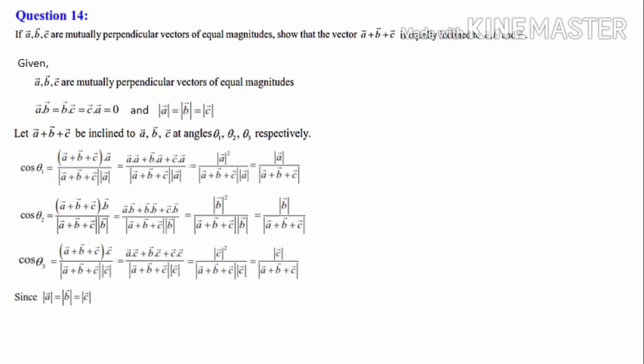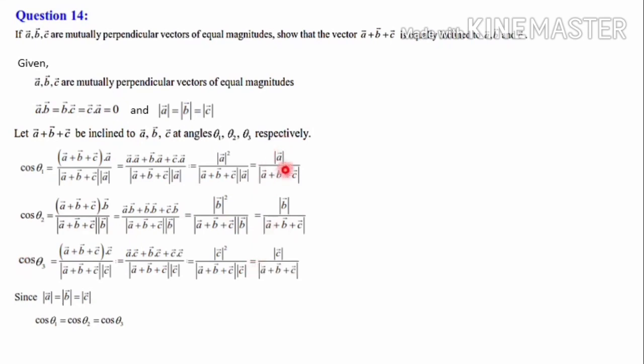That means since modulus of A, modulus of B and modulus of C are the same, cos theta 1 equal to cos theta 2 equal to cos theta 3. As I mentioned before, the denominators of cos theta 1, cos theta 2 and cos theta 3 are the same already.